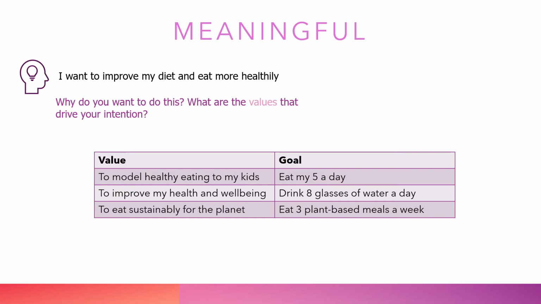So that might be a value that someone could hold, or that you yourself might hold. So that value can be linked to eating sustainably for the planet, and in a way that is in line with those ethics or beliefs that you might hold. So we can see here the deeper meaning behind our goal, and I encourage you to look for that when you're setting your SMART goals.